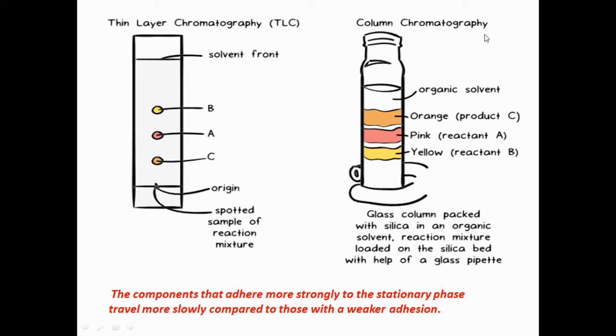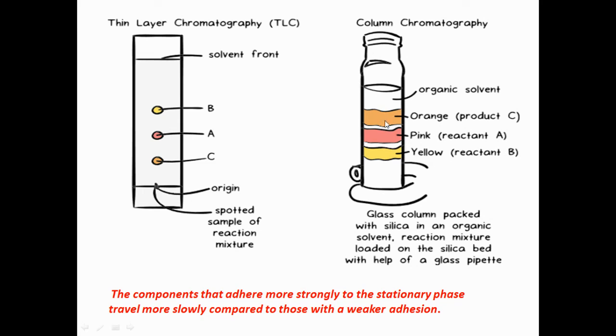Similarly, in the case of column chromatography, we can see three different bands here: orange, pink, yellow. In this column chromatography, from the top we add the solvent, that is the mobile phase, and the separation takes place in the column. In the column, the stationary phase silica is there.